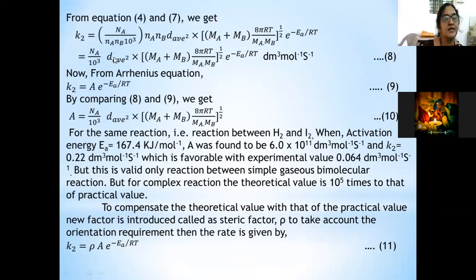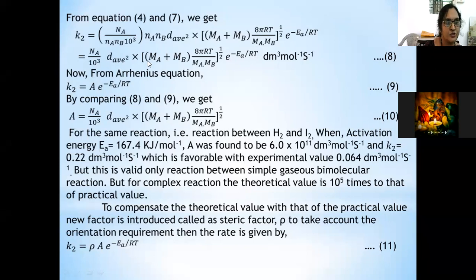Now, this is the rate equation calculated by the collision theory. And again, we know from the Arrhenius equation, K2 is equal to A into e to the power minus EA by RT. So in equation 8, e to the power minus EA by RT is there, and K2 is there on the left hand side in both.